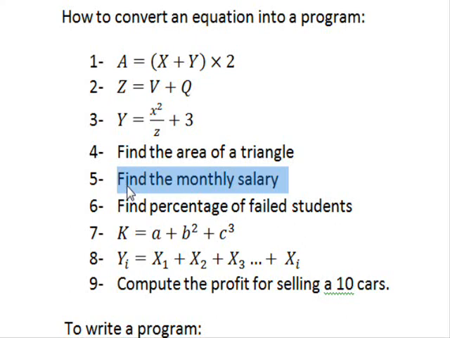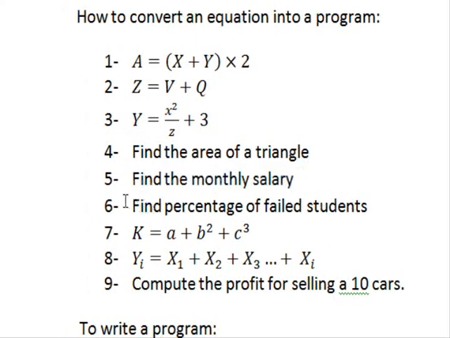So your equation is M equal A, for annual salary, divided by 12. And now that we figured out the equation, we do all the steps the same way. The input is going to be A, which is the annual salary, the processing is the equation I just gave you, and the output is M, which is the monthly salary.